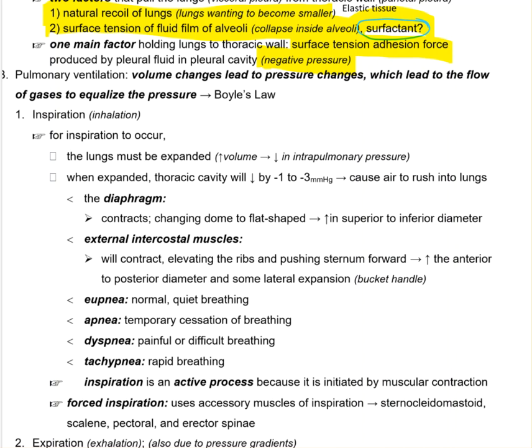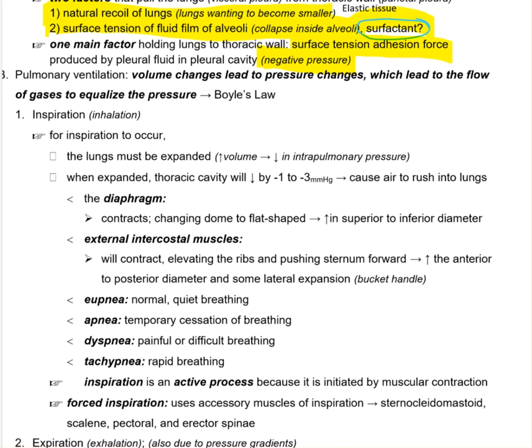This is similar to how things at high concentration will want to move by diffusion to low concentration, or if there's a lot of water in one place, it'll move by osmosis to where there's less water. So pressure changes are very similar. High pressures always go to low pressures, if they can.